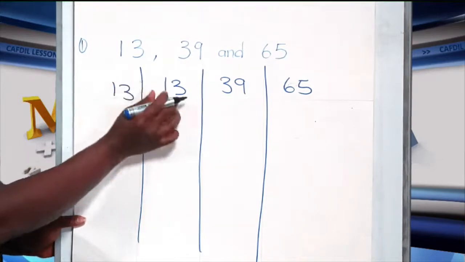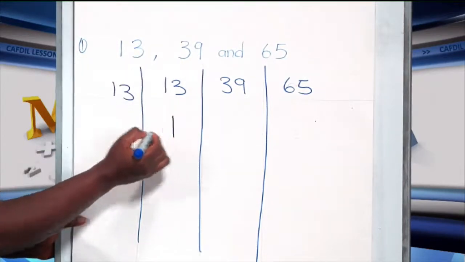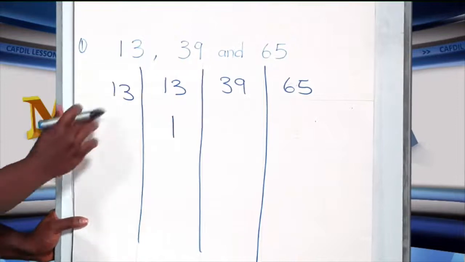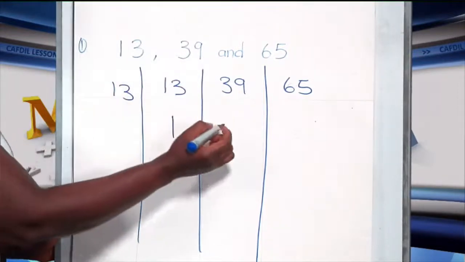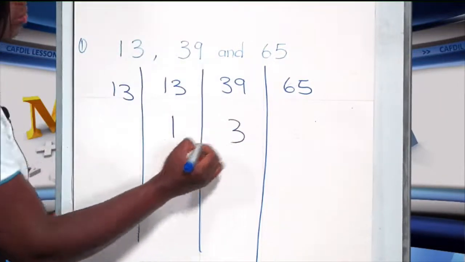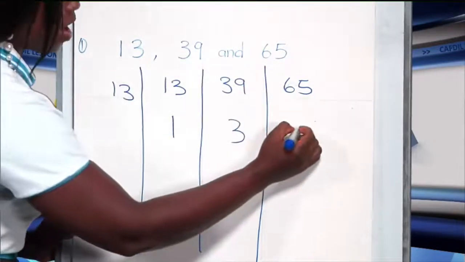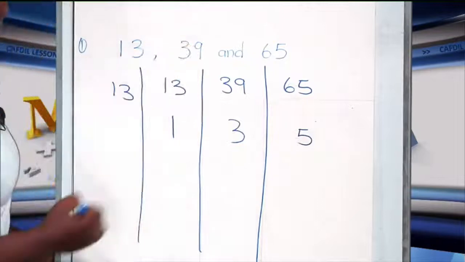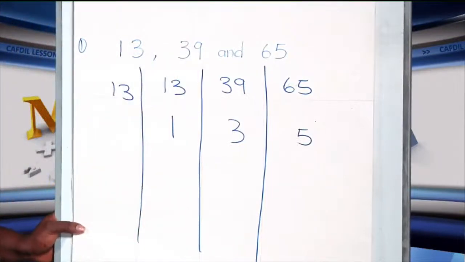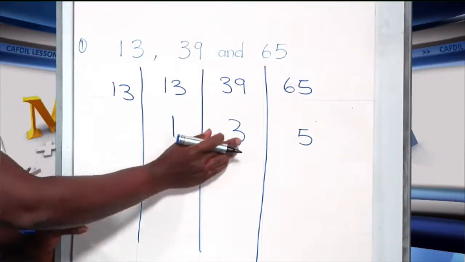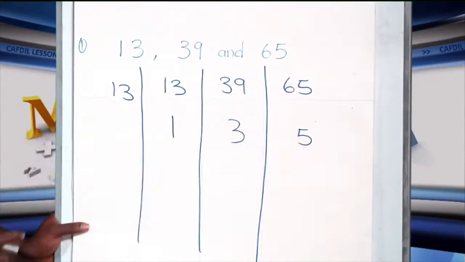13 goes into 13 just once. 13 goes into 39 3 times. And 13 goes into 65 5 times. We are not done. We have 1, 3, and then 5.